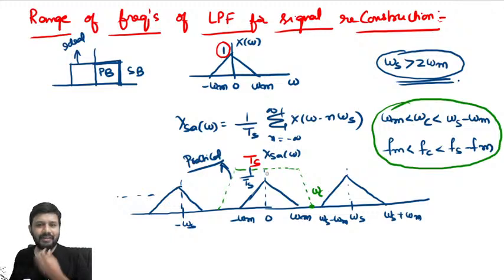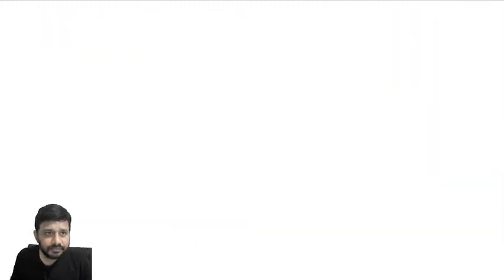We'll do one thing, we'll try to solve one previous GATE question based on this, so that we'll get confidence. Let's solve one recent previous GATE question. A band limited low pass signal x of t, try to understand each and every term.